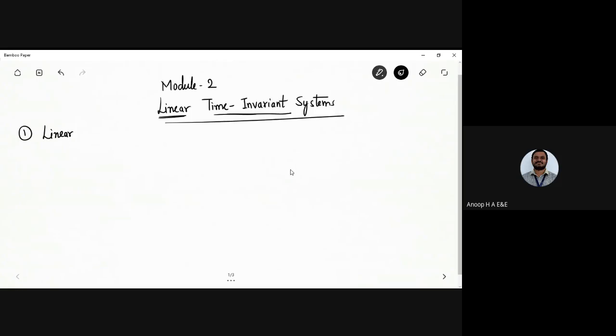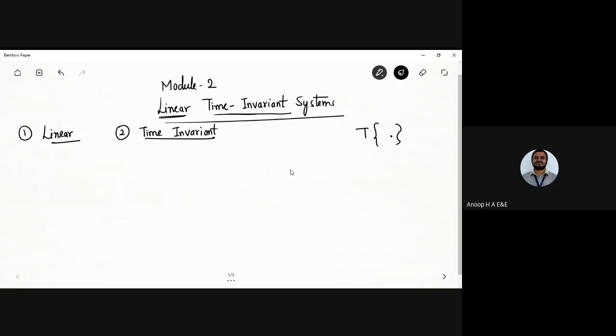As we all know, it follows the principle of superposition, and we have the T operator that is operated on the input signal. Next, we have the time invariant nature of it. We say that a signal is said to be time invariant.